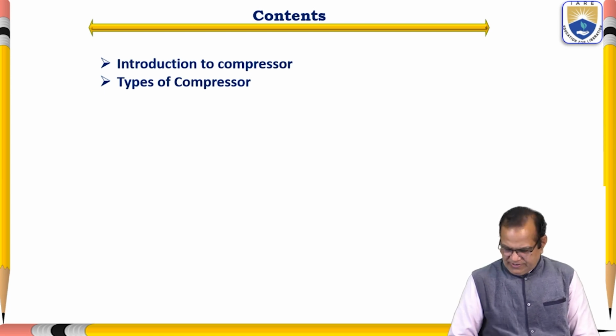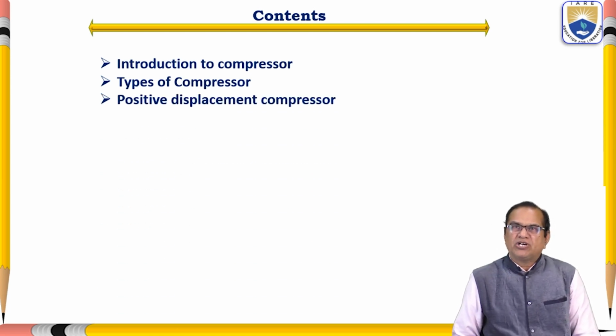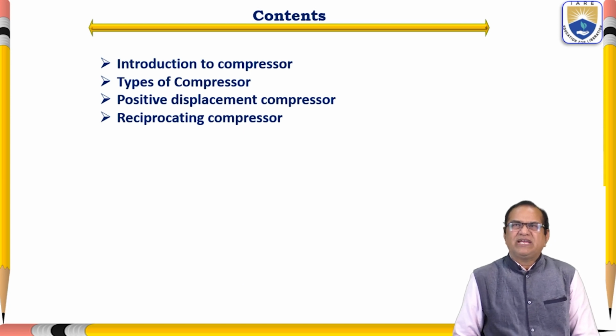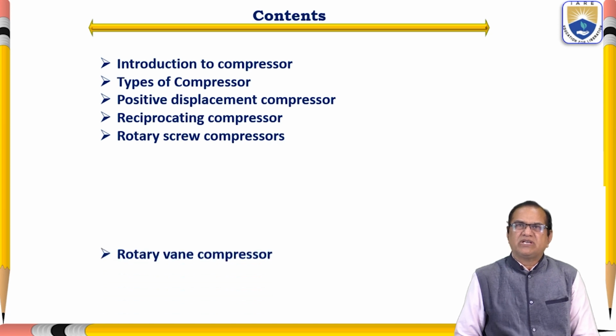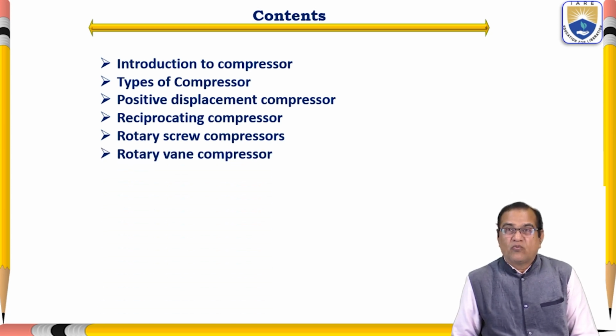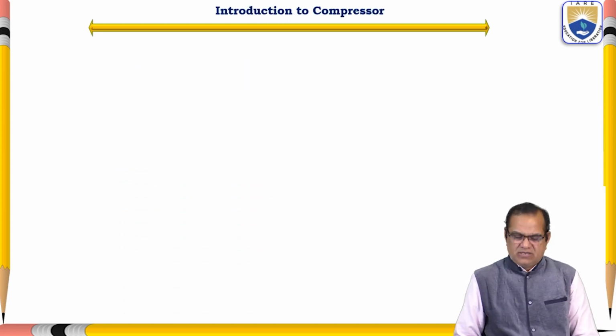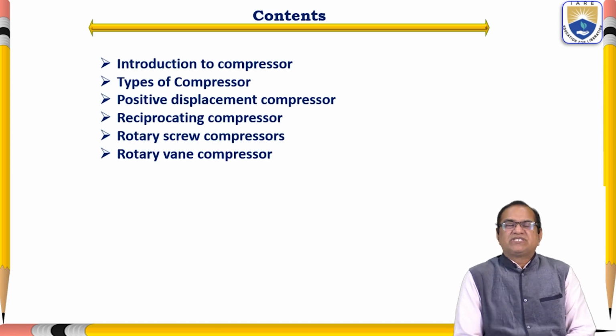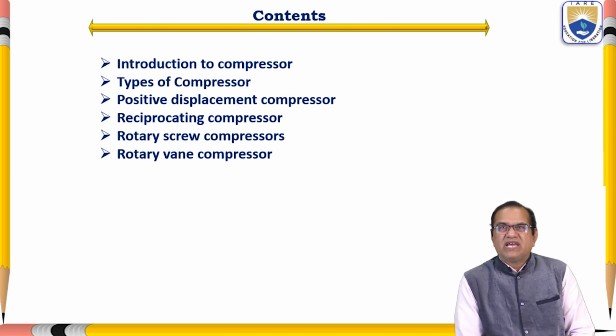Types of compressor: positive displacement compressor, reciprocating compressor, rotary screw compressor, rotary vane compressor. These are the different types of compressor which have specific uses.